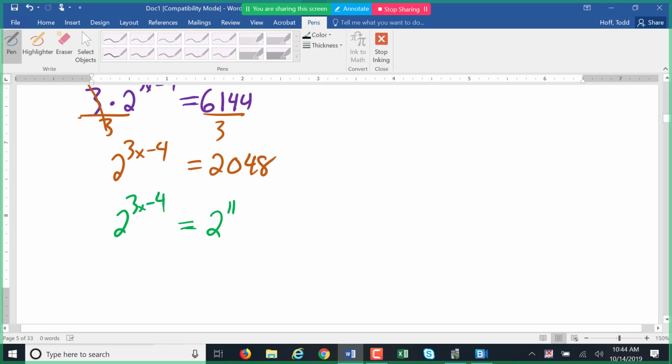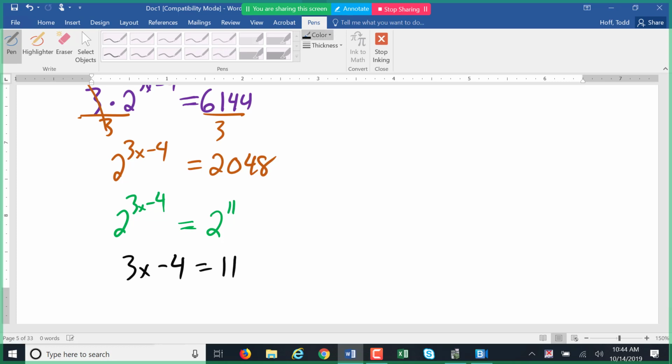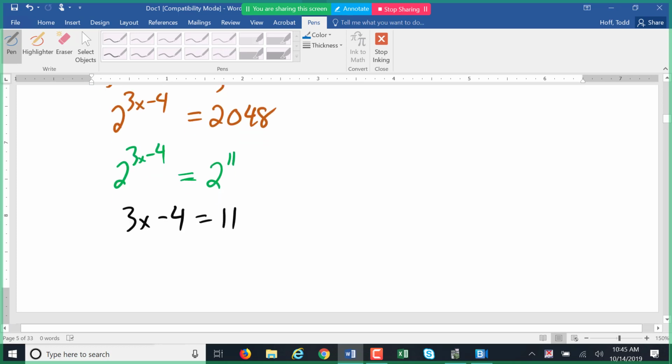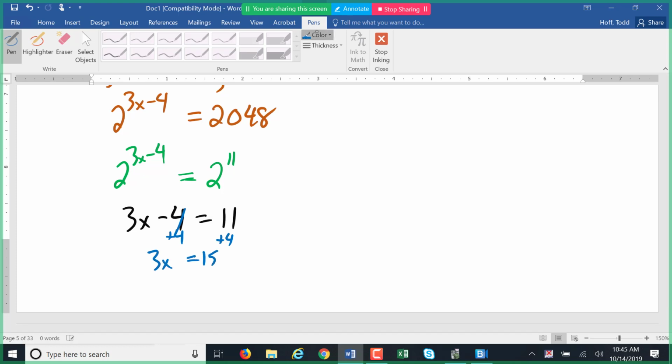So that means the exponents have to be equal since we have the same base. 3x minus 4 equals 11, and we solve the equation from there. At this point, it's a simple linear equation: we add 4, 3x equals 15, and we divide by 3. X equals 5.